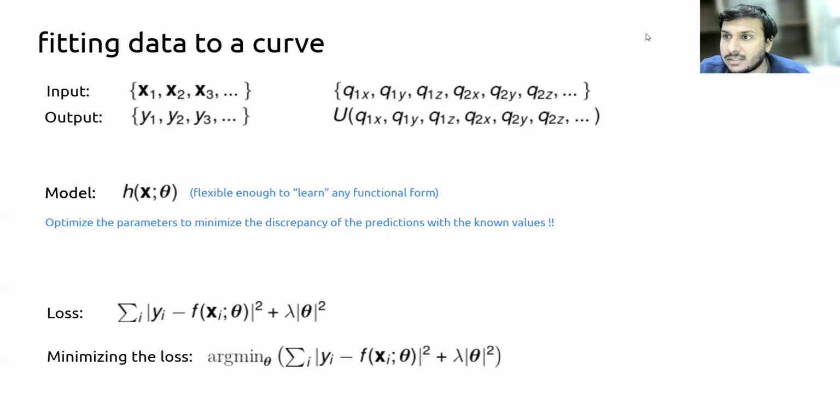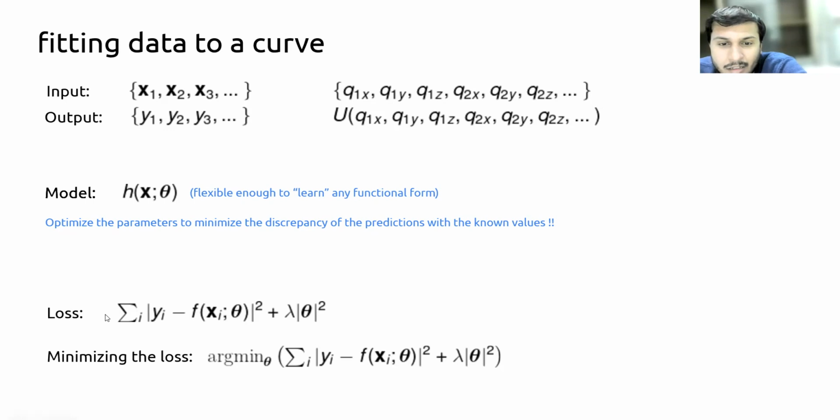All right. So the idea here is that you have your input data, which is a vector, right? And you have your output, in this case, which is a scalar. Now, your model is basically just a function comprising many parameters. And that's why this theta is basically just a flattened vector of all the parameters, right? Now, the way you fit your model is that you compute something called a loss function.